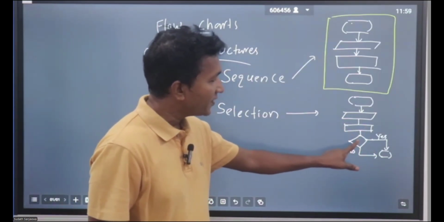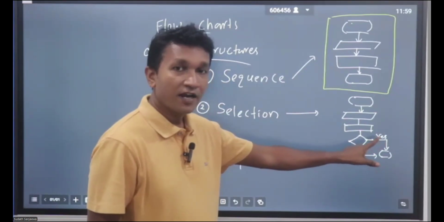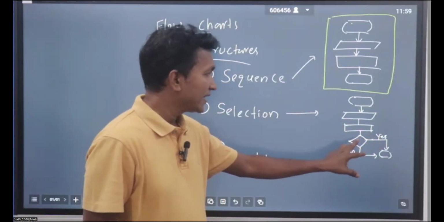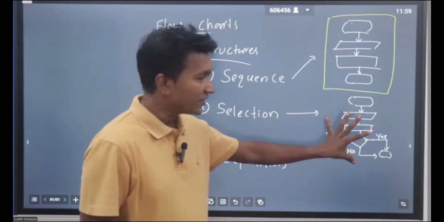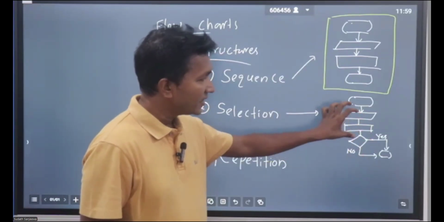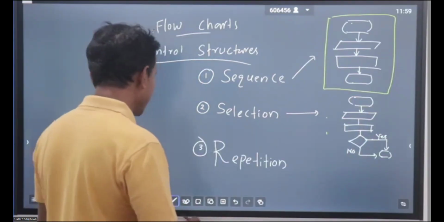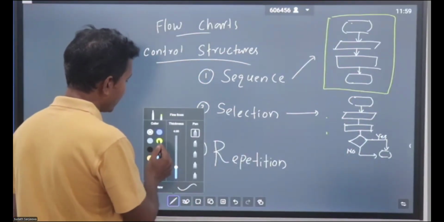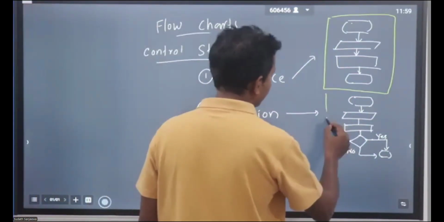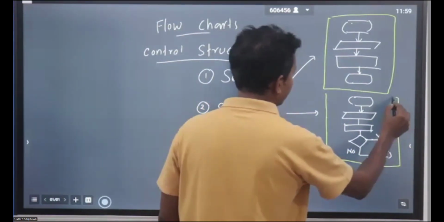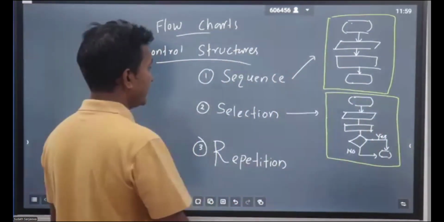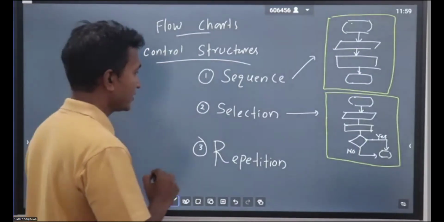With that condition, you have to select one of these parts. That is the meaning of selection. According to that condition, we have to select one part. That is the selection control structure.